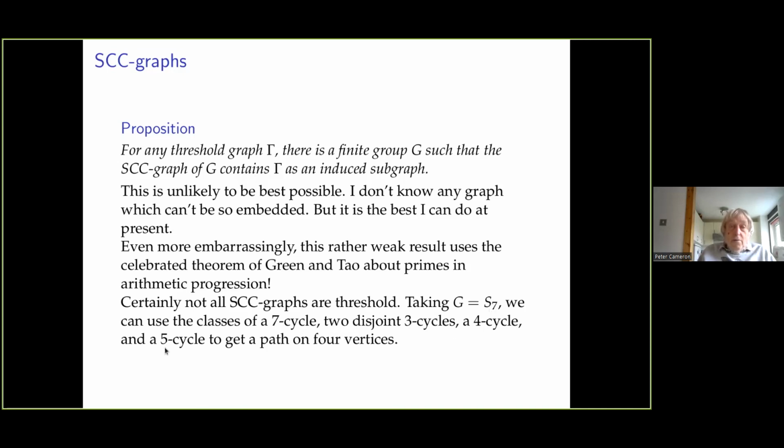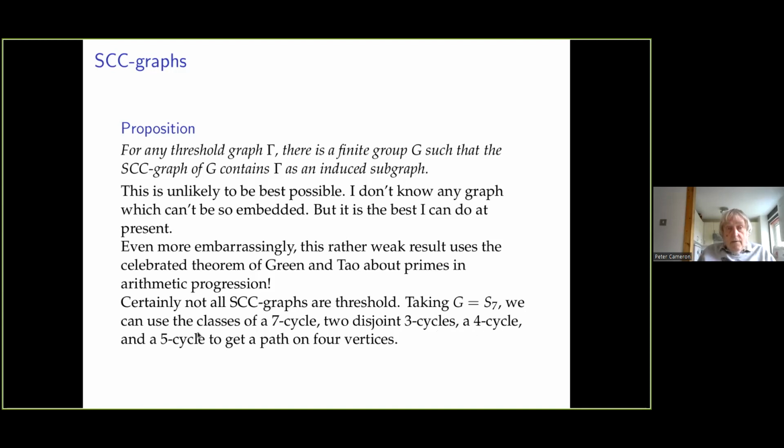In that order, we have a path in the SCC graph, because the 7 cycle will be normalized by some element which is 2 disjoint 3 cycles. Given 2 disjoint 3 cycles, we can take a 4 cycle which contains one of the 3 cycles and the fixed point, and the group they generate will be something like C3 cross S4.